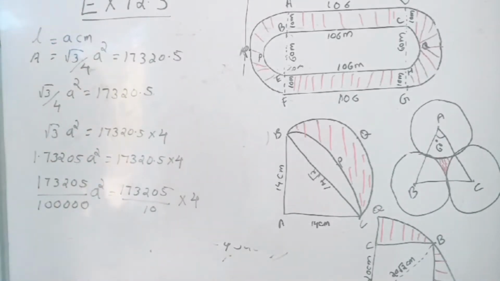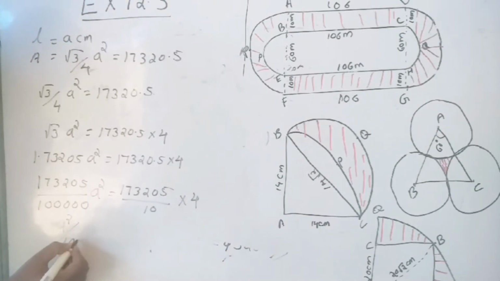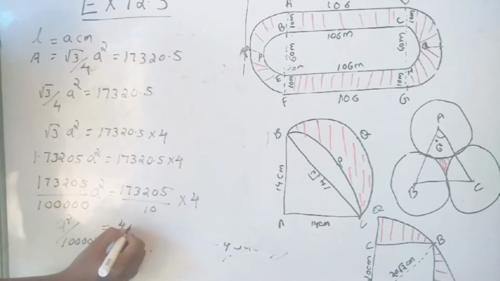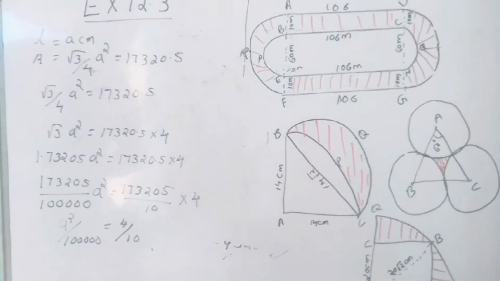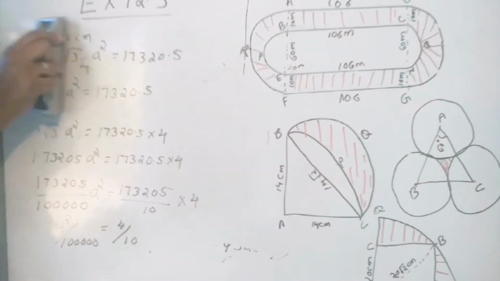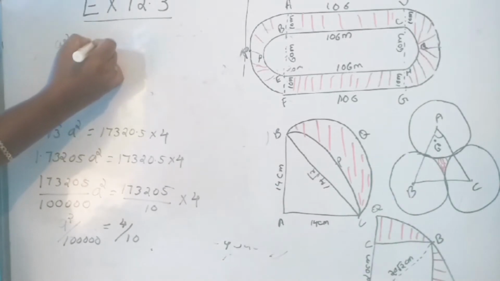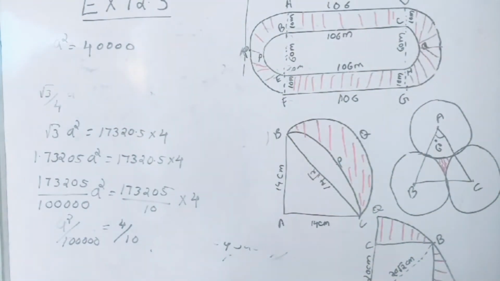Now on both sides we have 173205, just cancel it. Then we will get A square divided by 100,000 is equal to 4 by 10. And you will get A square is equal to 4 followed by 4 zeros, that is 40,000.